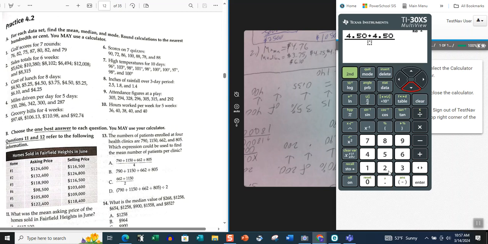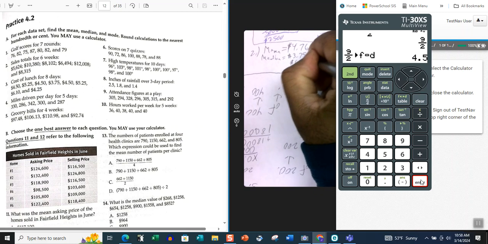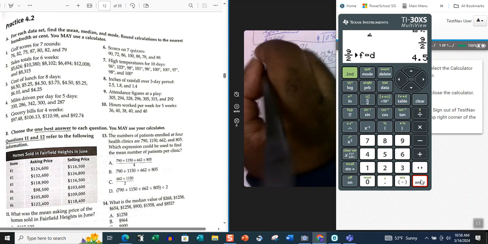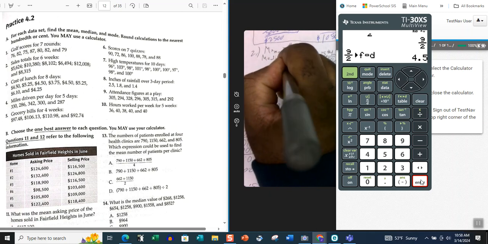Down arrow, we press 2, and then press the right arrow, press second, table, and enter. I don't know why it's not doing it. So we'll just press second, and then F to D, and then enter. So it's $4.50. So the median is $4.50. That is the median.